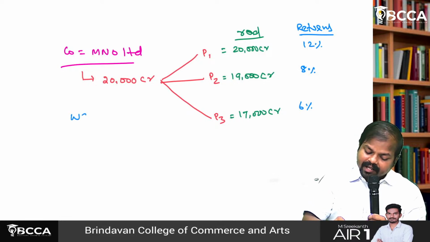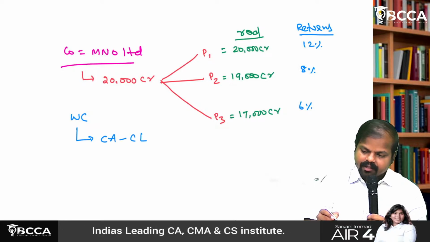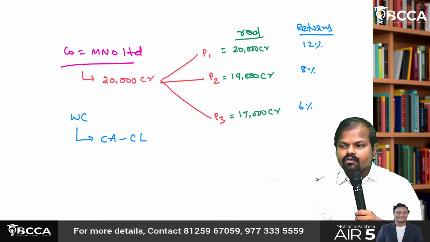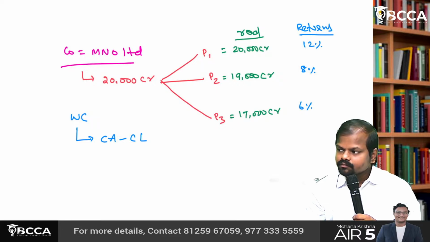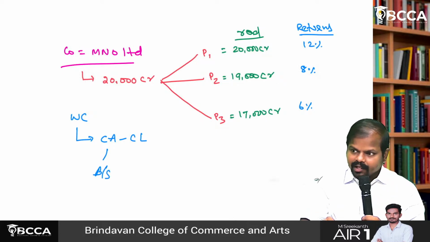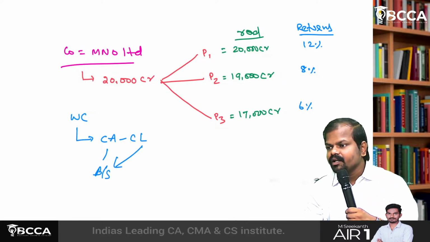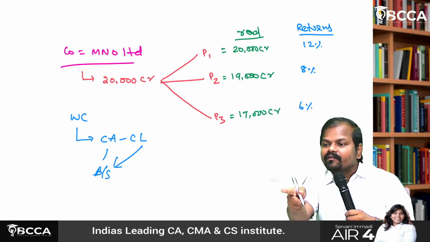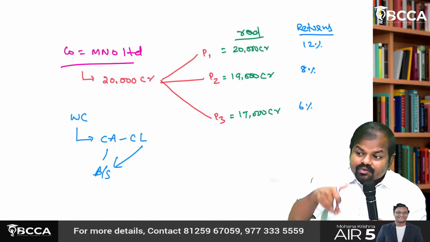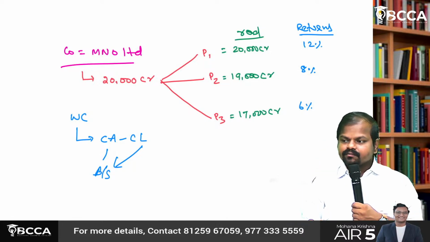What is meant by working capital? In FM, current assets minus current liability. Current assets form part of the balance sheet, and current liability is also part of the balance sheet. It means as a management, what do you require?